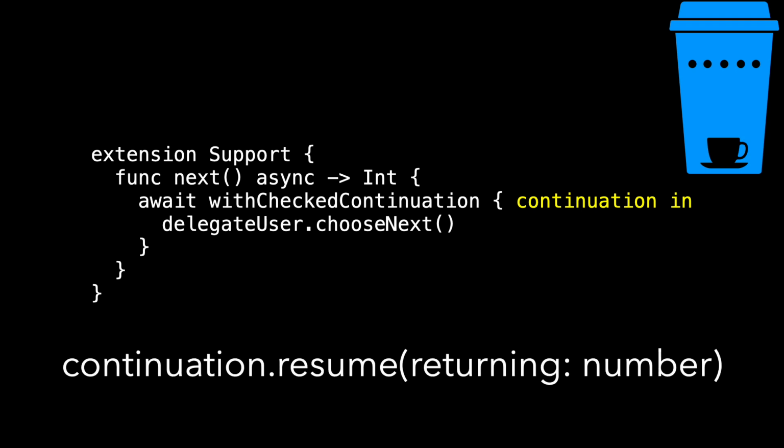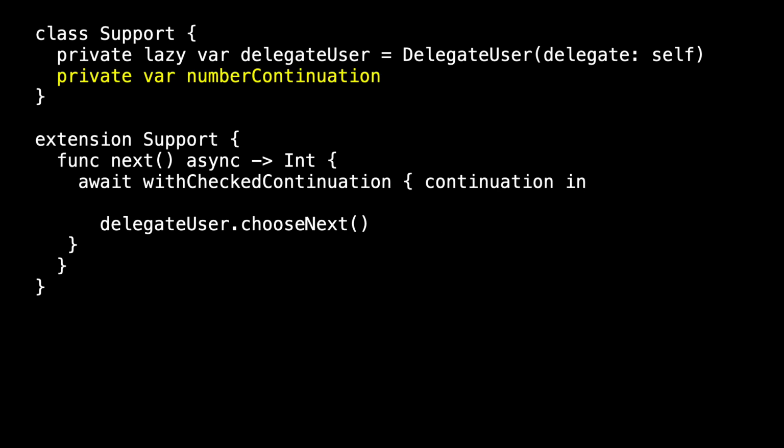And now we can fulfill our commitment by calling resume on the continuation and providing the int that's going to be returned. In order to do that, I need to store my continuation somewhere so that I can access it from the other method. I'm creating it inside of next, but I have to resume from inside of didReturn. So we create a property called number continuation.